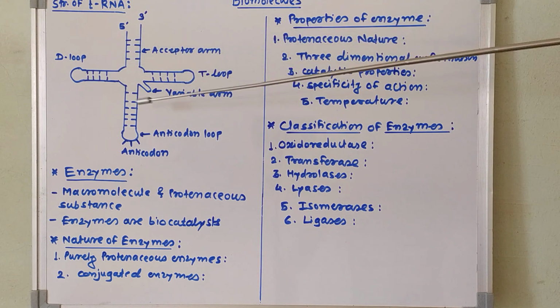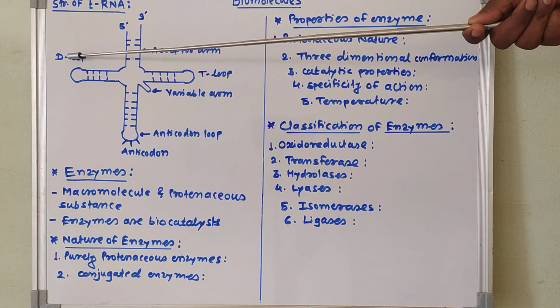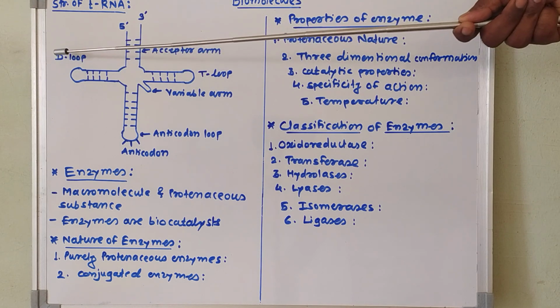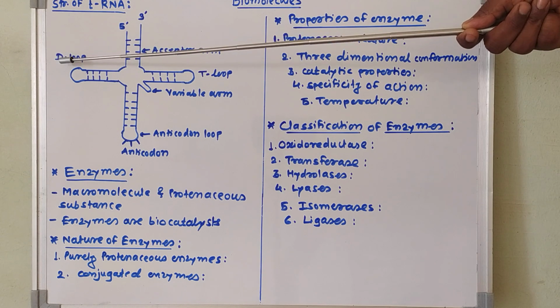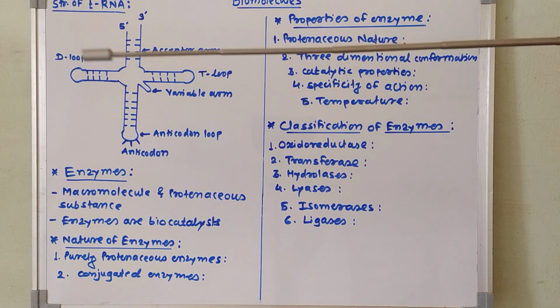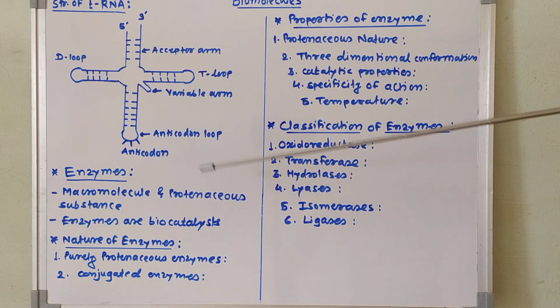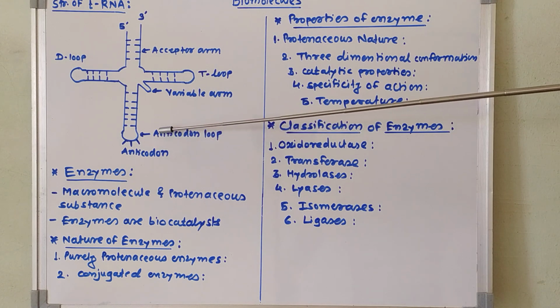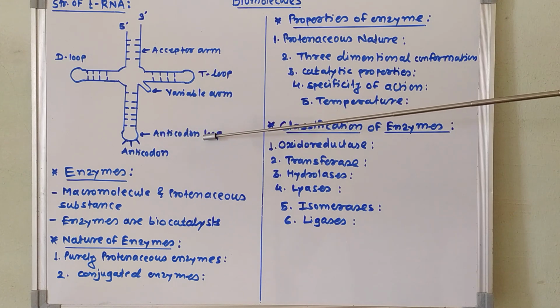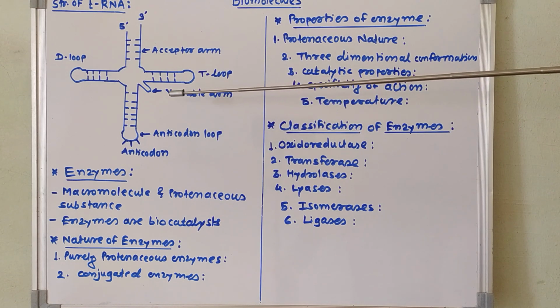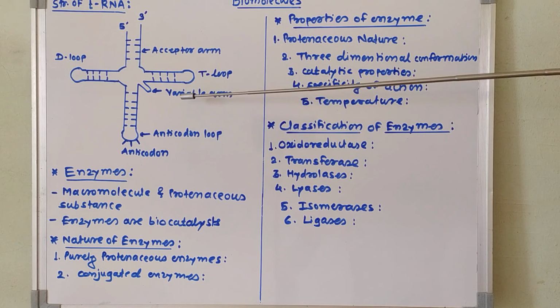The names of the 4 arms: this arm is called the D loop or D arm, or it is also called the dihydroxyuracil arm. Then this arm is called the anticodon loop or anticodon arm. Then this short one is called the variable arm.